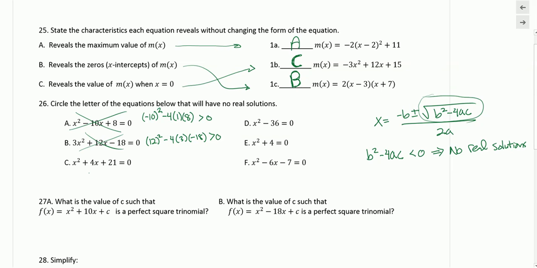Next one, we got b squared minus 4ac. This is 16 minus 84, which is negative, and so that is going to produce imaginary solutions.